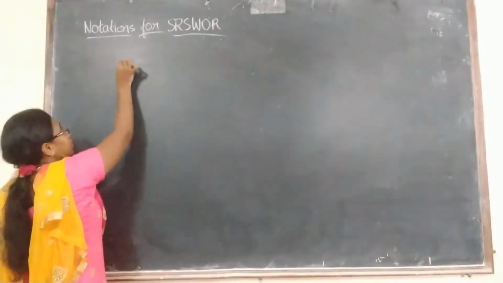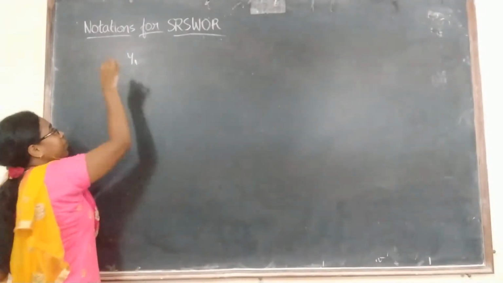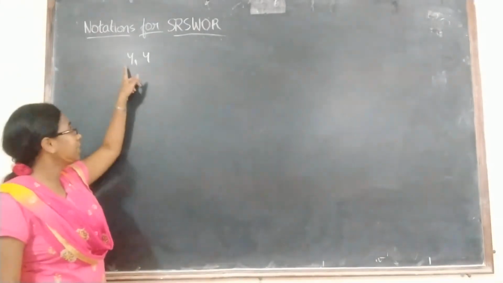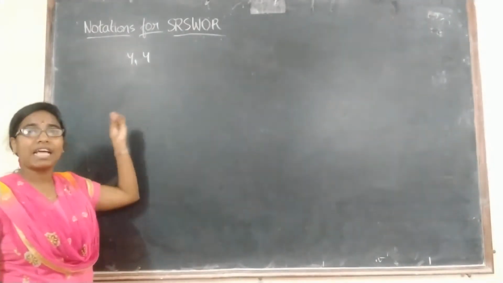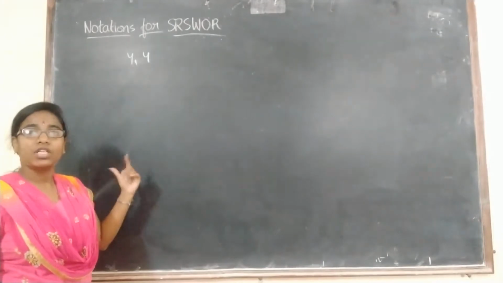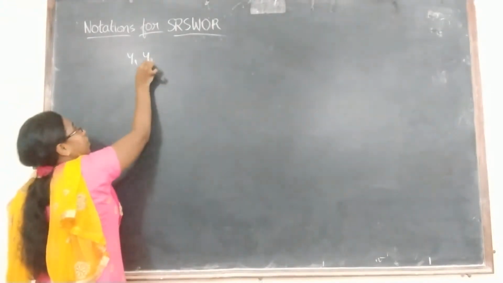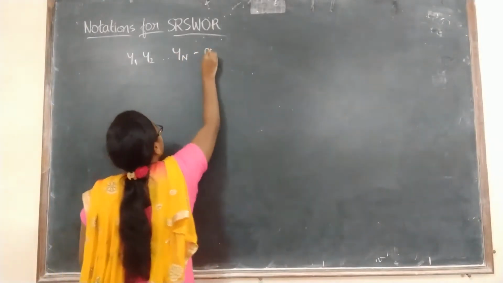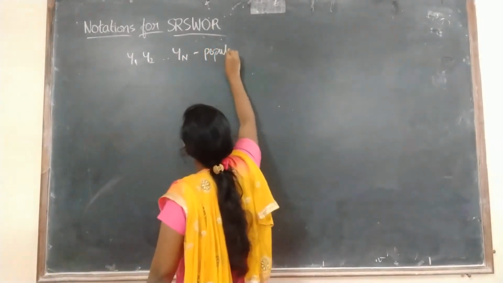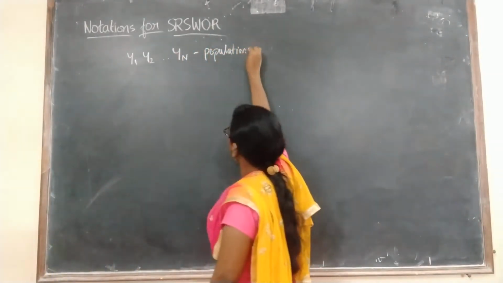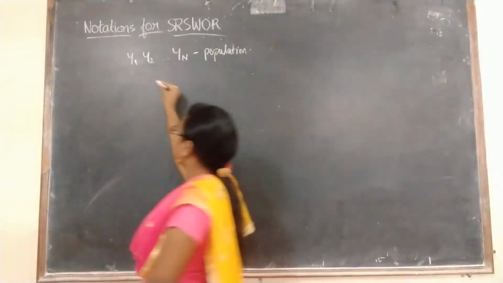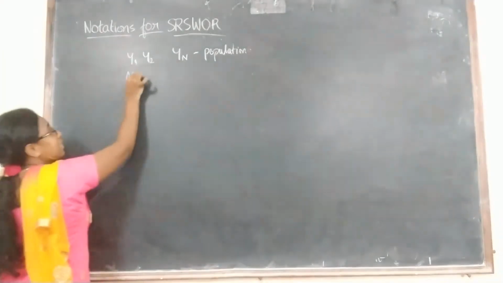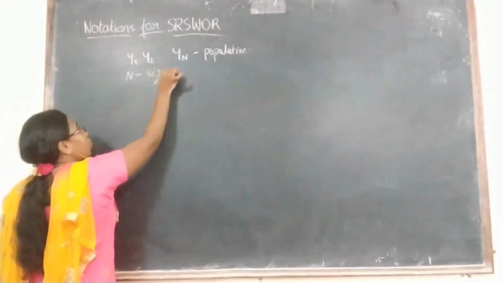First, let the population be in capitals. Always the population is represented with capital Y's and the sample values are represented with small y's. Suppose Y1, Y2, and so on, YN are the population values. What is the size of the population? Capital N is the size of the population.